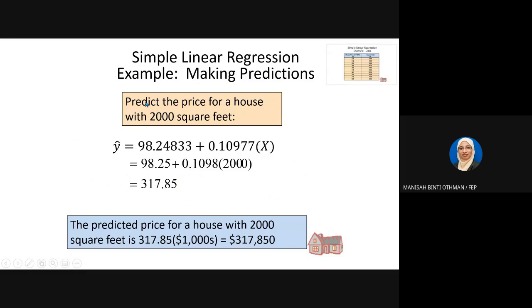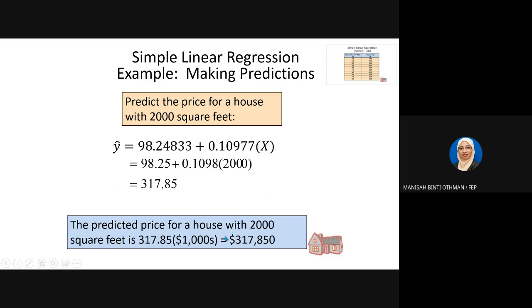So this is how we can use the equation to predict and to see the changes. Now you want to use this equation to predict the price for a house with 2,000 square feet. Let's say someone wants to buy a house with 2,000 square feet, then you just replace X with 2,000, because square feet is X. You can estimate that the house price is about 317,850.